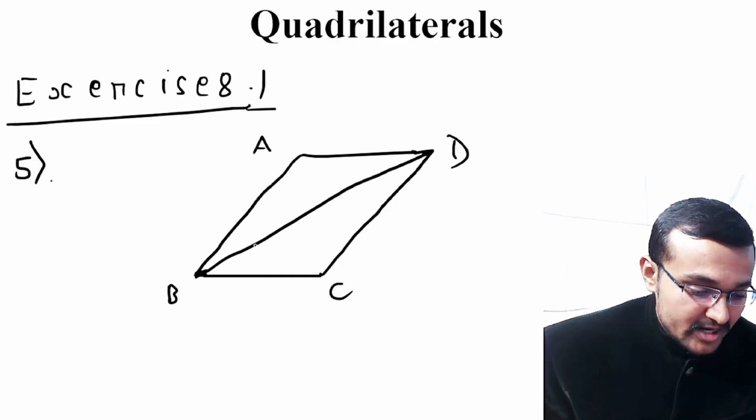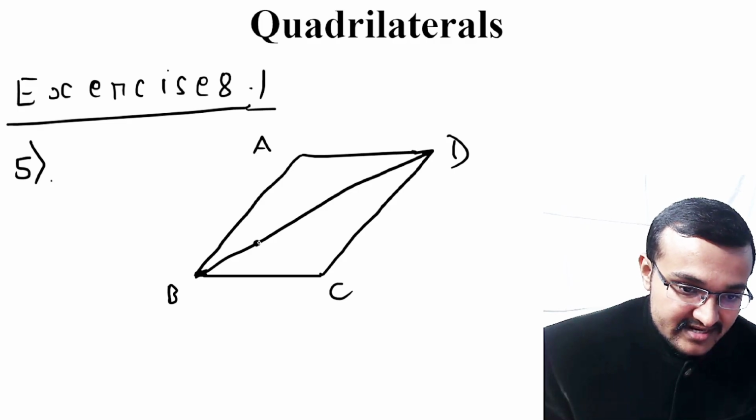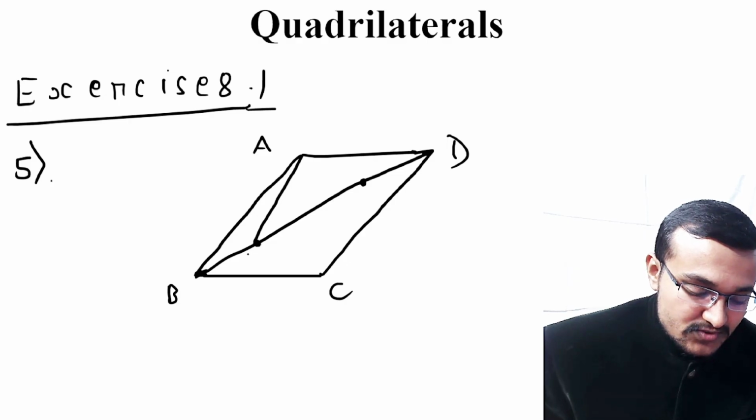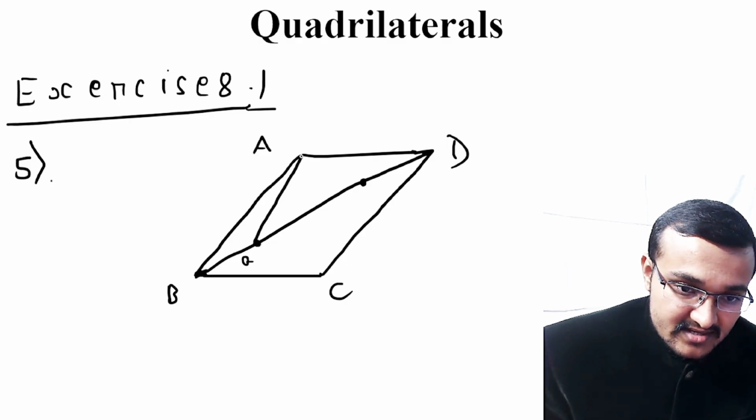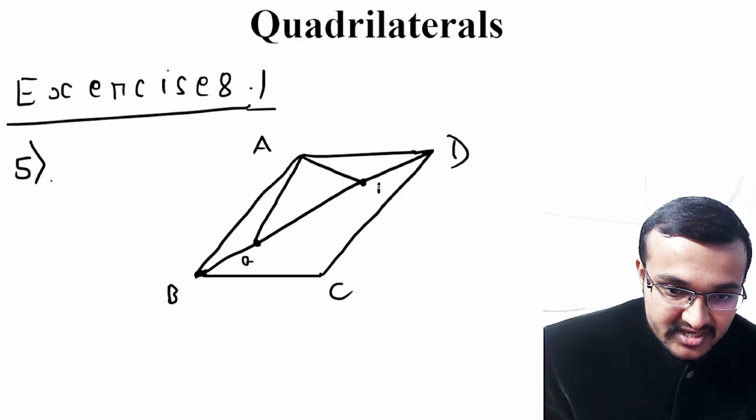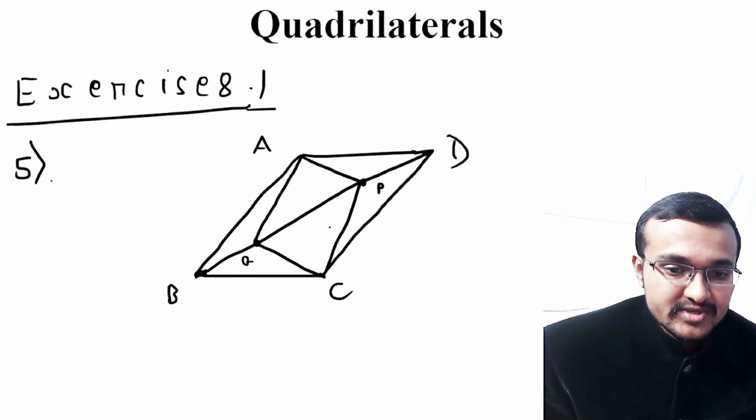They have taken two points on this diagonal BD, one is Q and the other is P. And A is connected to Q. Here A is connected to P. And this Q is also connected to C, and this C is also connected to P.